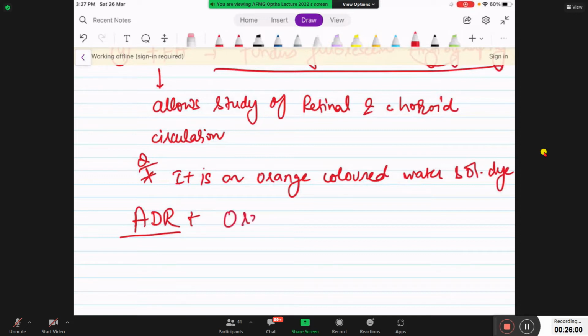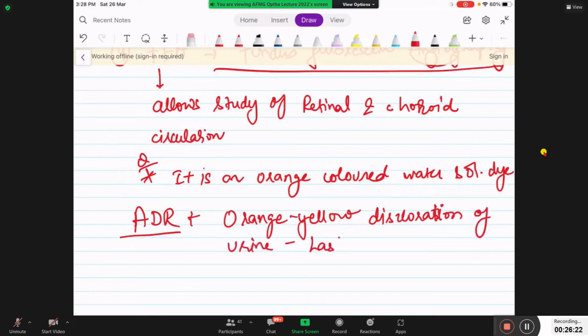So you will inform the patient before doing this that he will get yellow-orange discoloration of urine. It will last for 24 to 36 hours.